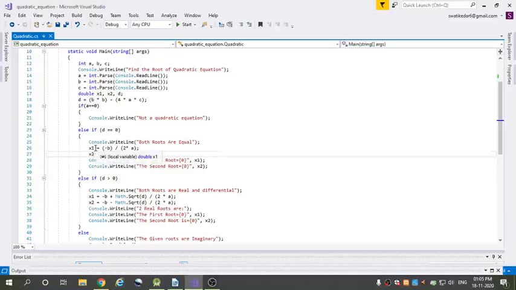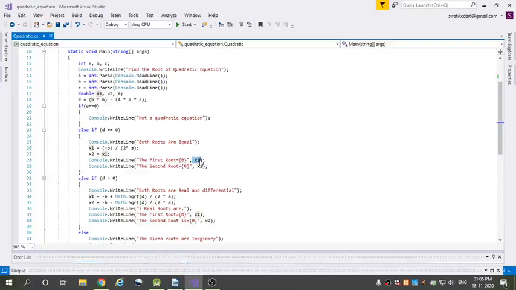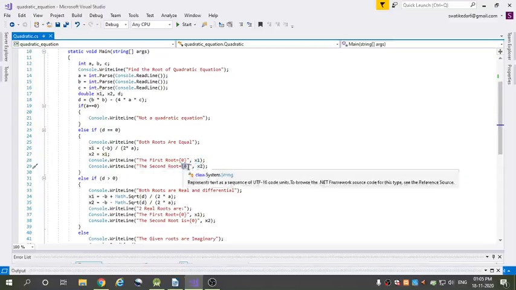So x1 value is the same and x2 value is the same, then that value will be printed on the console. It prints the first root 0, instead of this 0 the x1 value will be printed, and after that it prints on the console the second root is equal to 0, means it prints x2 value instead of this 0.